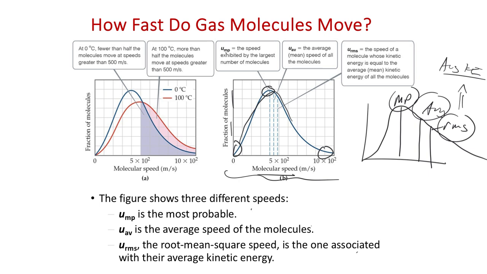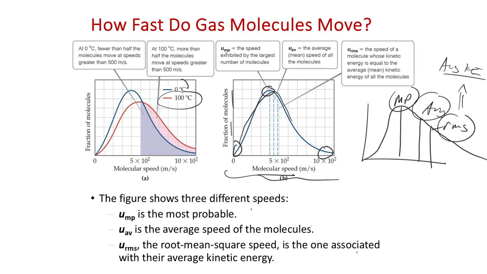The key is just seeing that because it's not a parabola, these are not centered on the same point. These each have a unique value. But if you go from 0 degrees C gas to 100 degrees C gas, notice at 100 degrees C, we shift all the velocities to be overall on average greater. So what temperature is doing is increasing the average velocity of our gas particles, and velocity and kinetic energy go hand in hand, 1/2 mv squared.